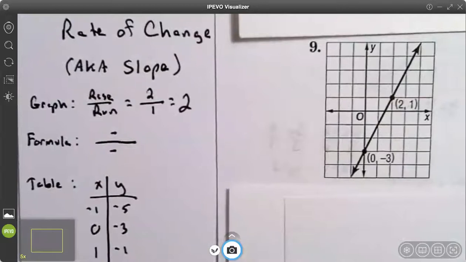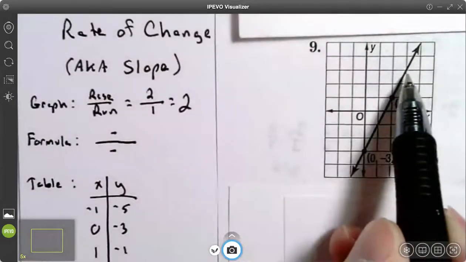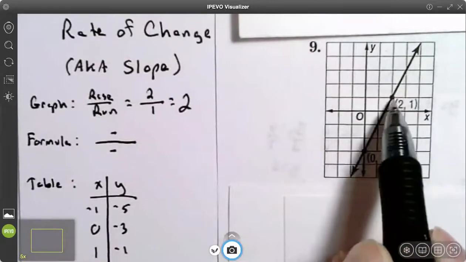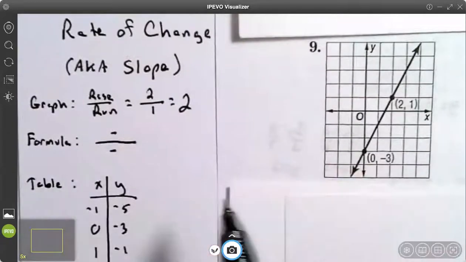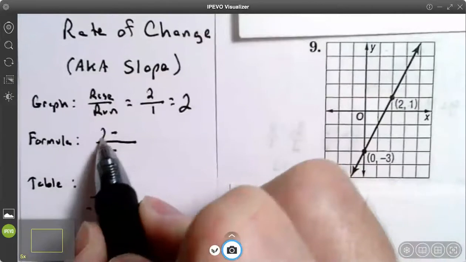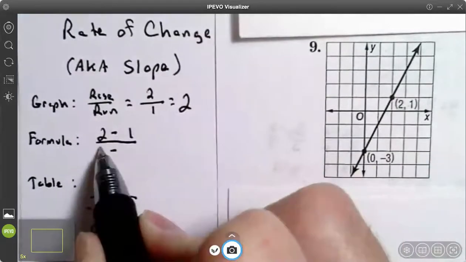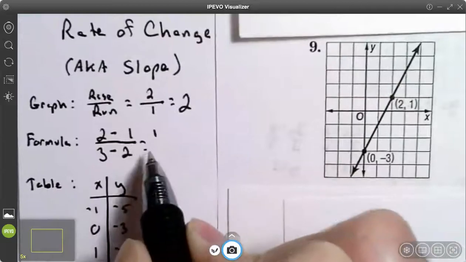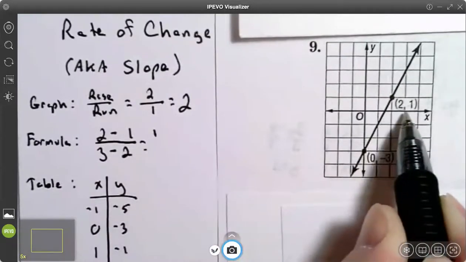If I use a formula and I use those same 2 points, this was 3, 3, this is 2, 1. So the difference in my y's is 3 and 1. The difference in my x's is 3 and 2.